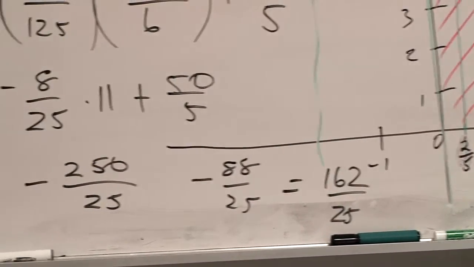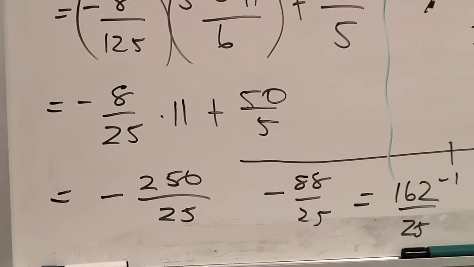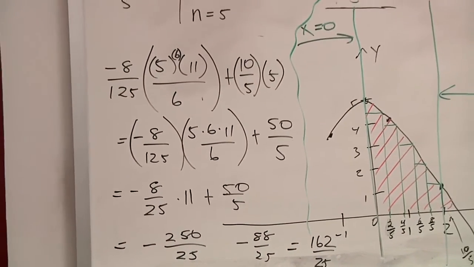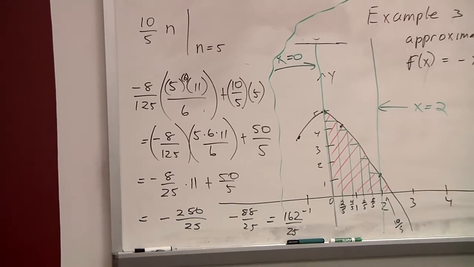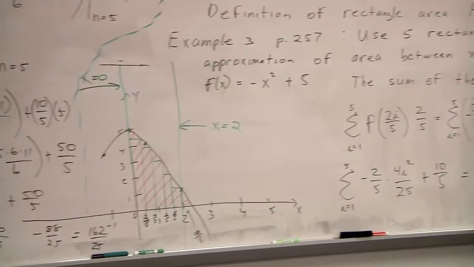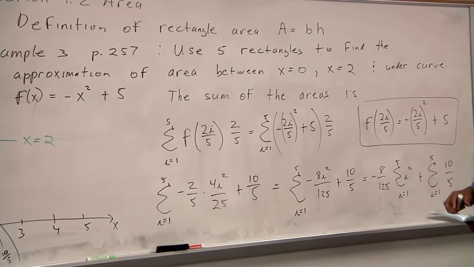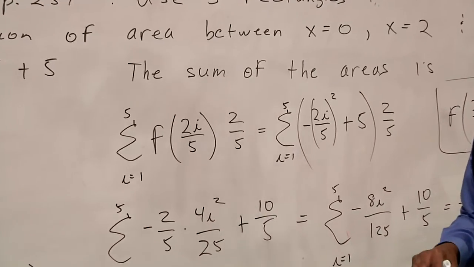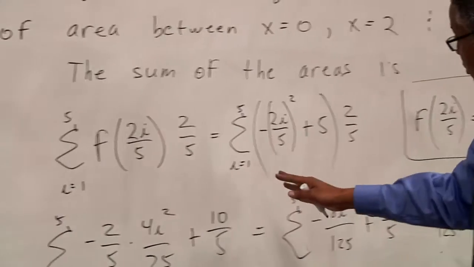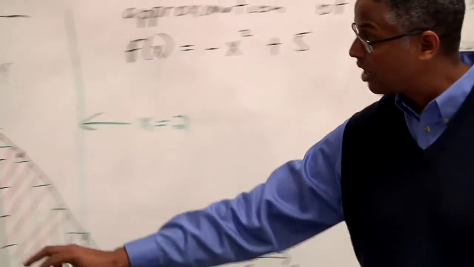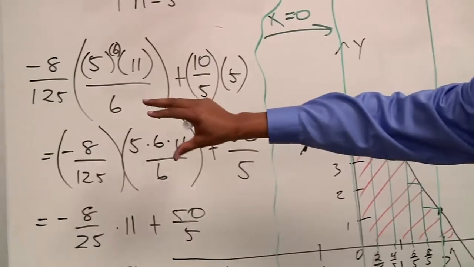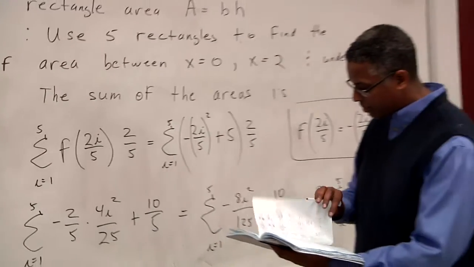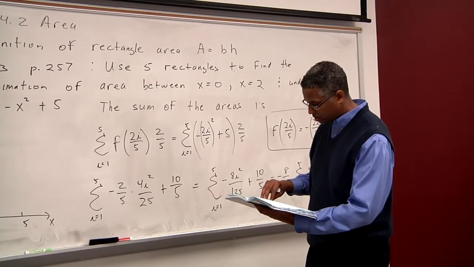I'm filling in the blanks for you so you can follow the book a little better. That's one of the purposes of this flipped classroom: to help you see some of the missing details in the book, so that when we come to class we come with some level of understanding of the material. Sometimes the book unintentionally assumes that you know how to get from here to here because it is basic arithmetic, but it is somewhat complicated. All right, let's move on.